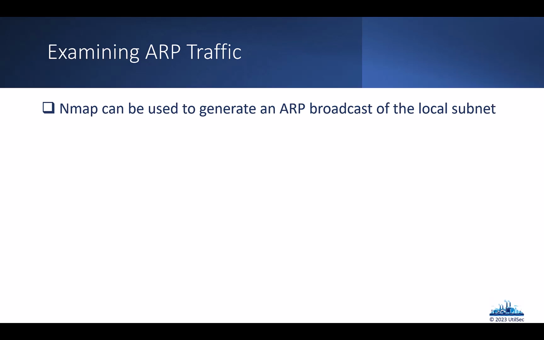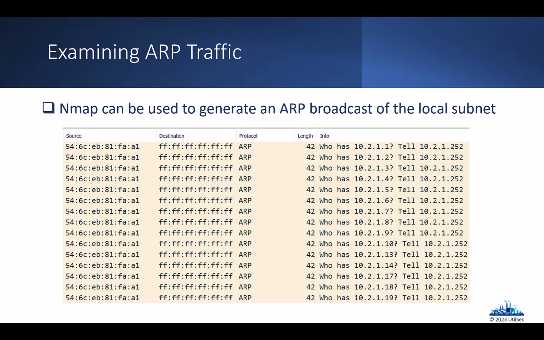We can generate ARP traffic. This is what happens if you use Nmap to do a local scan of the local subnet that your system is connected to. Even if you tell Nmap to do a ping sweep, to send out an ICMP packet to each system on the network to test for connectivity, it actually doesn't do that. It actually sends an ARP broadcast, which we can see here through the Wireshark capture.